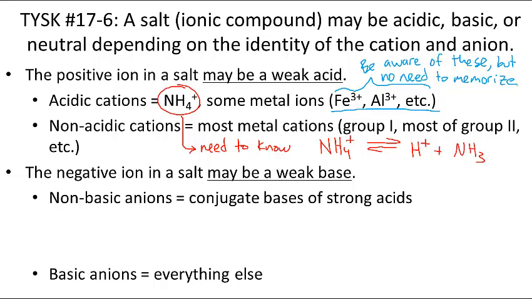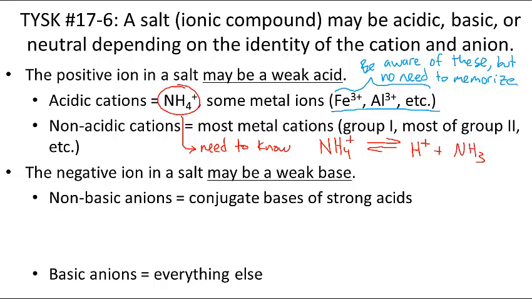So as far as looking at a salt and identifying the cation as being acidic, you ask yourself one question. Is the cation NH4+? No? Okay. The cation is not acidic. All right. Most other metal ions, not acidic.